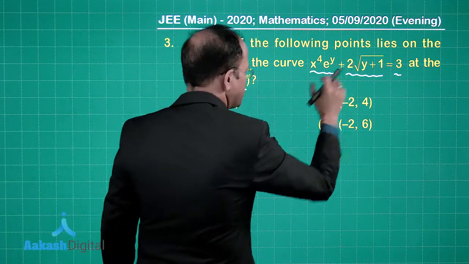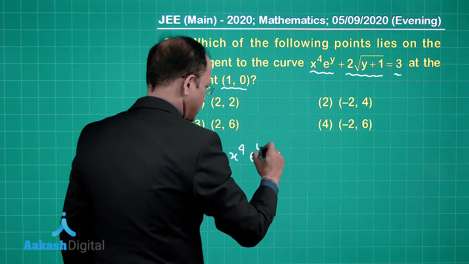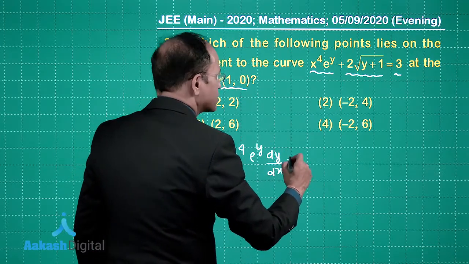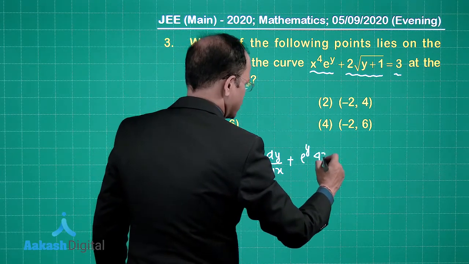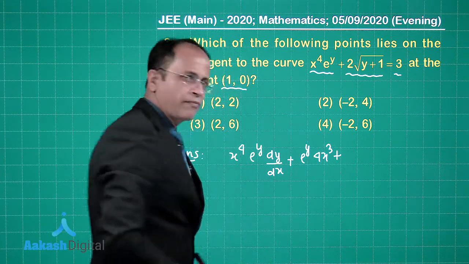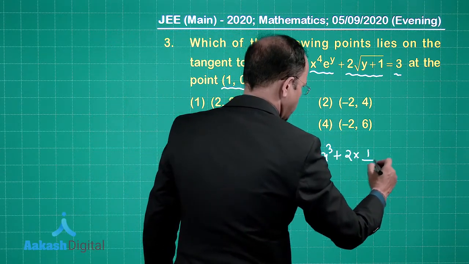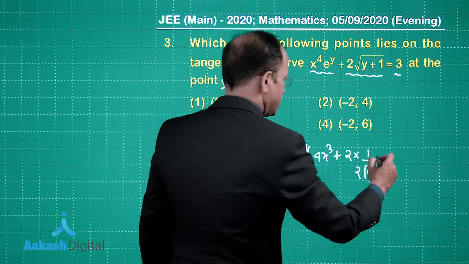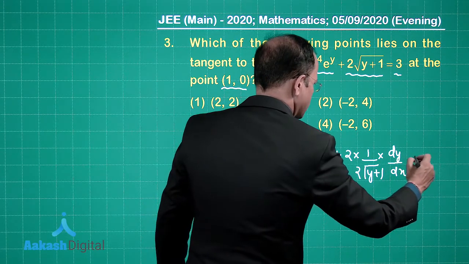if you want to differentiate this, so this is x to the power 4 e to the power y, and this is dy by dx we can write, okay, plus e to the power y, and this can be written as 4x cube. And here we have twice of 1 upon twice y plus 1 we can write, into dy by dx, that is equal to 0 we have.